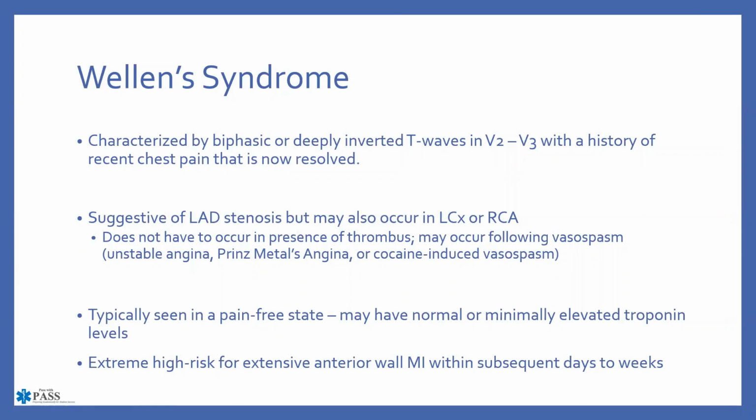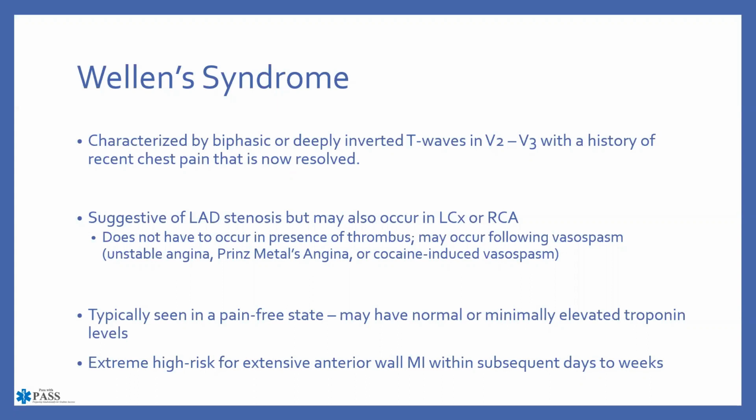The third one here is Wellens syndrome, and this is characterized by either biphasic or deeply inverted T waves in V2 and V3 with a history of recent chest pain that is now resolved. This is the one that I think is probably the most important for us. So you had the Winters with your anterior and the Osler's pattern with an inferior wall MI.